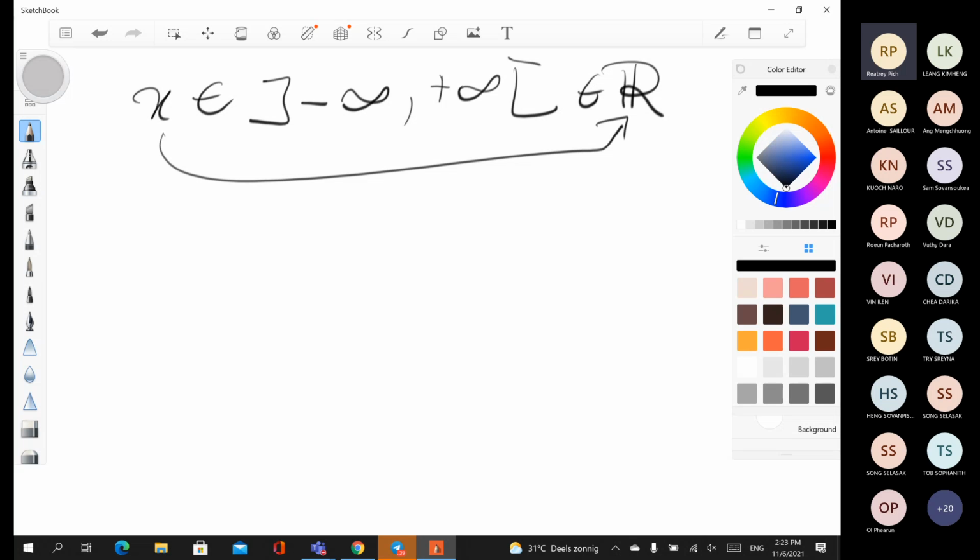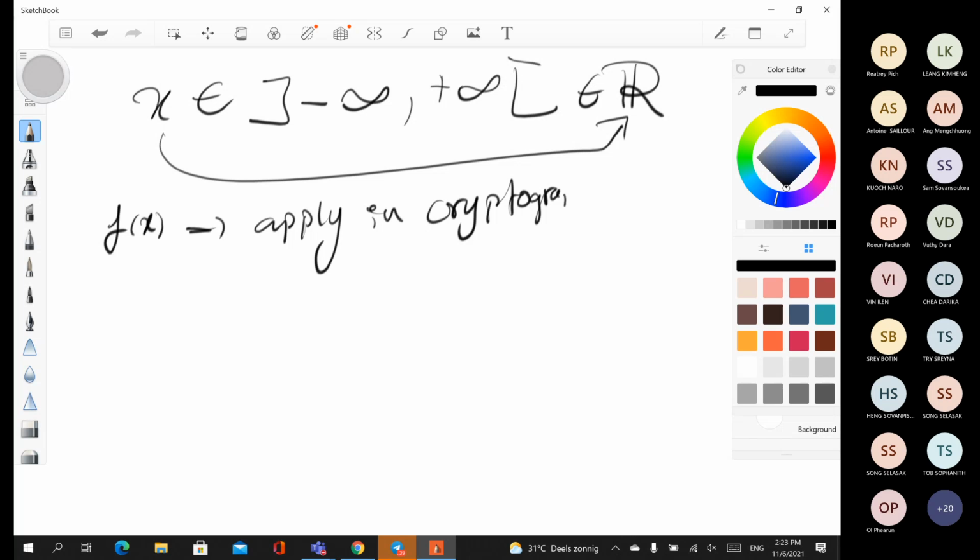For example, my function f, I try to apply in cryptography. In one case of cryptography, I try to make chaos, or I try to make diffusion, something like that.